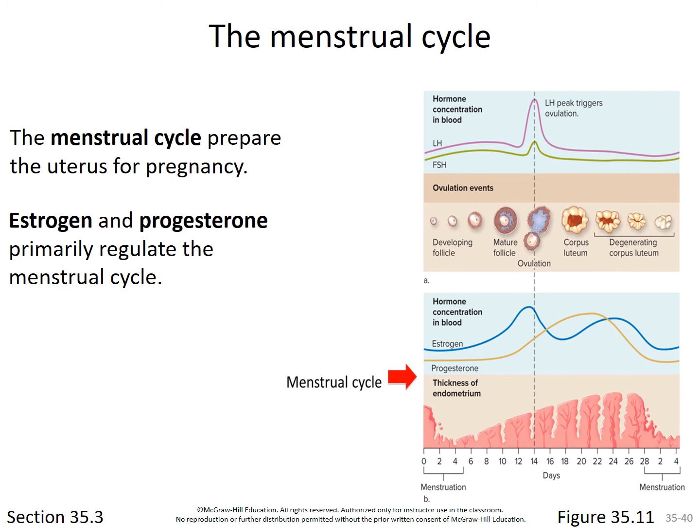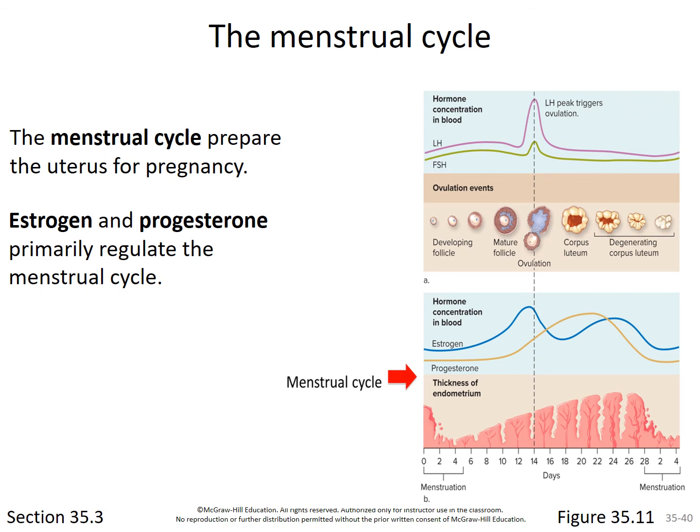So if you'll take a look at this, at low levels of estrogen and progesterone, just following menstruation, you'll see that the lining of the endometrium, the innermost layer of the uterus in which an embryo implants, is getting thicker over the coming days. And so basically that is preparation for the uterus to be potentially implanted by an embryo. So estrogen and progesterone help regulate the thickness of the endometrium.